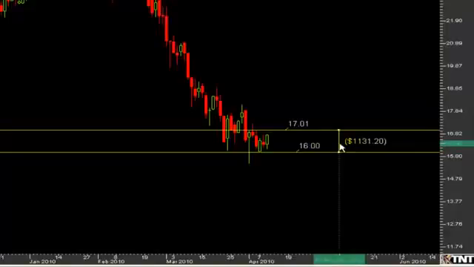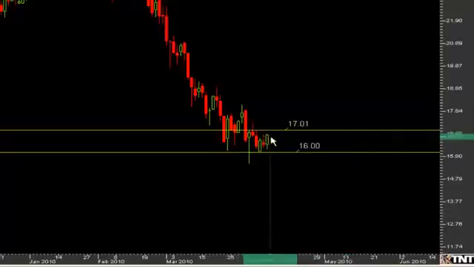The other thing that I look for is the market open. I do not like to see the market open beyond my entry. In fact, I like to see it open at least a few ticks below my entry, and preferably not too far from the previous day's close. And what does that do?